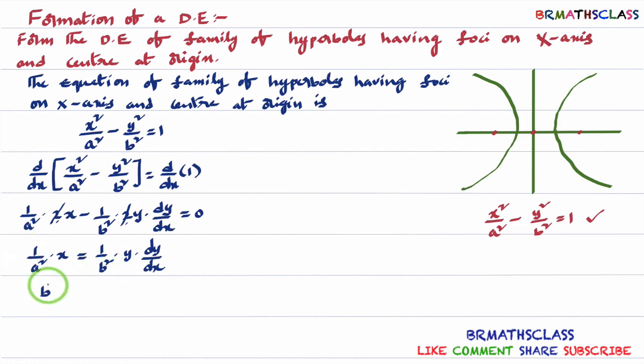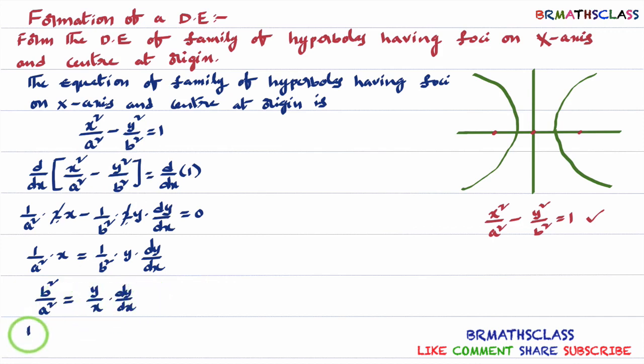What you will get? b square divided by a square equal to y by x into dy by dx. I wrote all constants at one side because our main intention is to eliminate arbitrary constants. As two arbitrary constants are present, we can differentiate two times. So one time differentiation is over, and we got this.